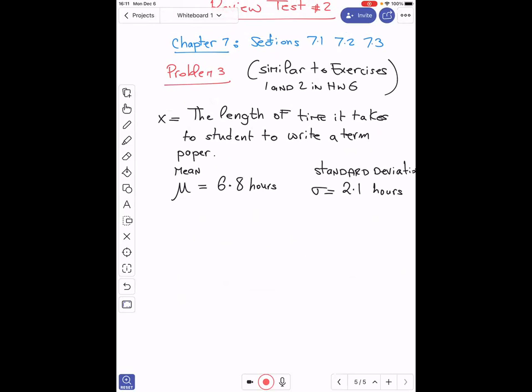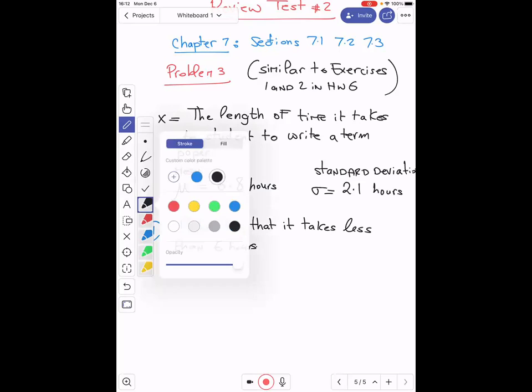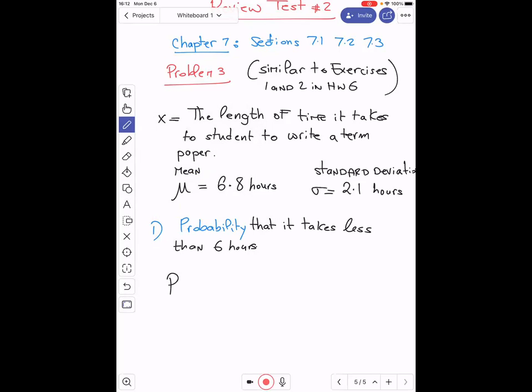So we want to find the probability, the P, that it takes less than 6 hours.